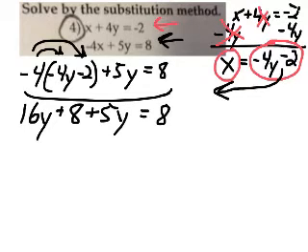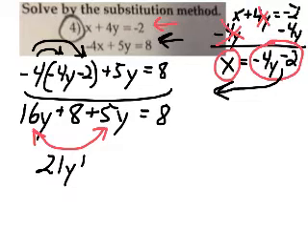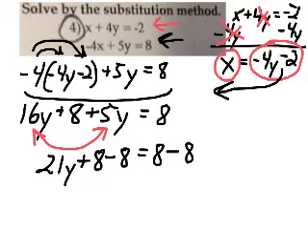Okay, let's subtract 8 from both sides. We'll add these two together too. So 16y plus 5y is 21y, and then we have plus 8 minus 8 equals 8 minus 8.